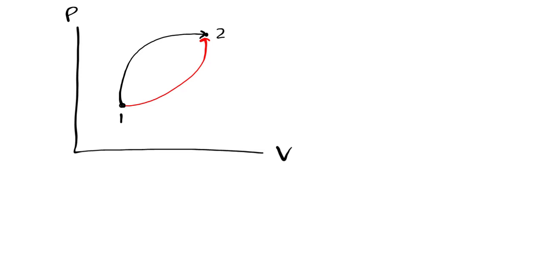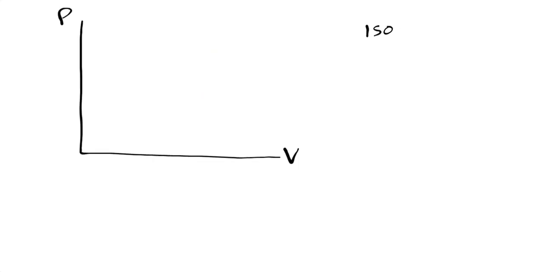The work being done on the bottom pathway is the area under this curve, and I think it's clear to see that that area is smaller than the pathway taken on the higher path, the black path in this case. And so that's something to be careful of, and it's also good to know if you wind up in a situation where you're asked a conceptual question about this. Just remember, area under the curve equals the work done.